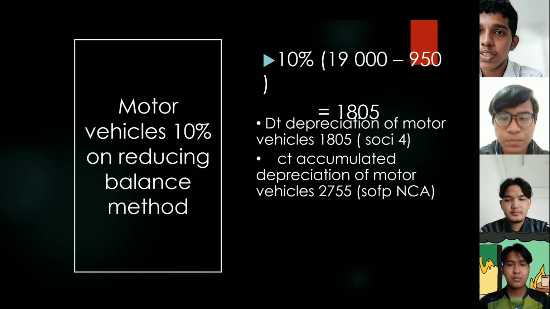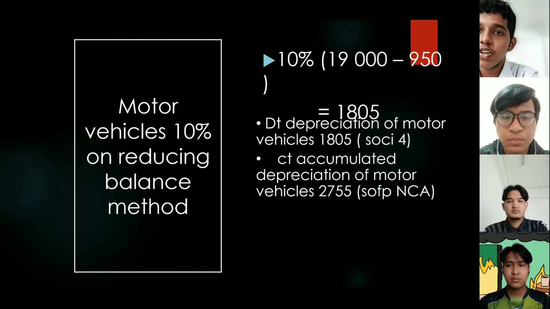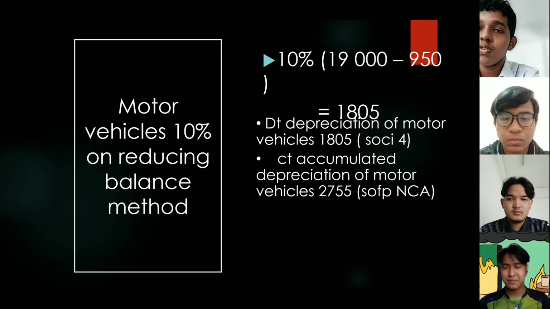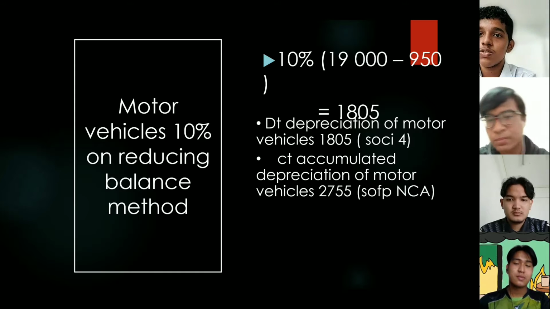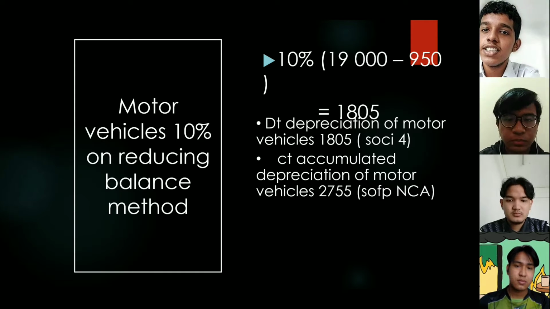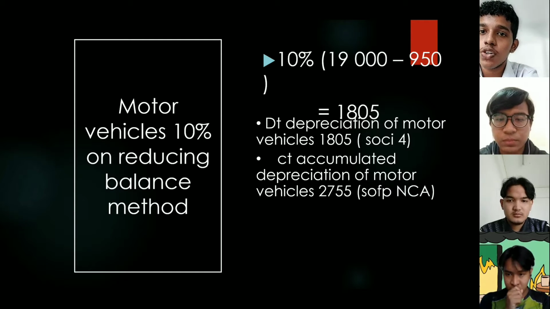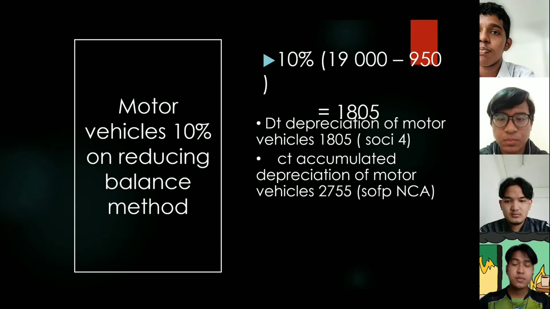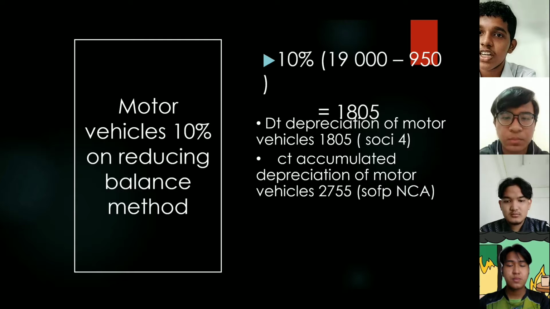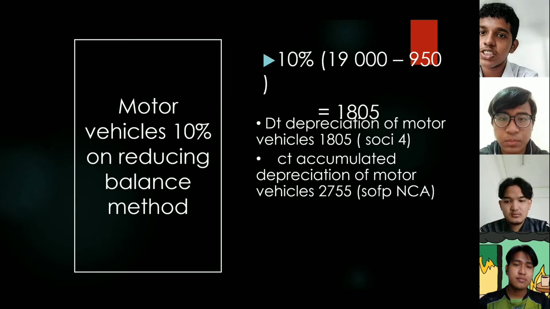After we times with 10%, we will get 1,805. So the debit of depreciation of motor vehicle is 1,805. So that is SOCI for. And the credit is accumulated depreciation of motor vehicle. So that is 2,755 because we have to plus our old accumulated depreciation and our current depreciation.